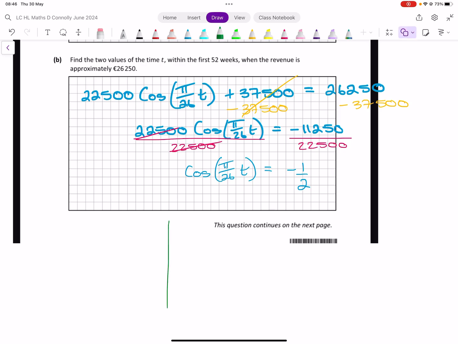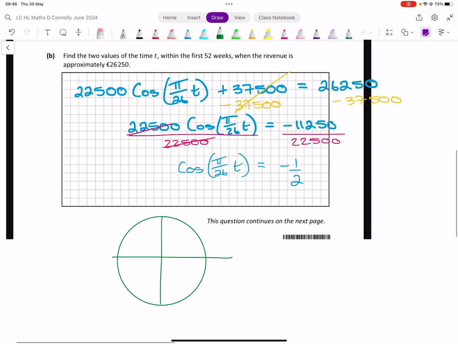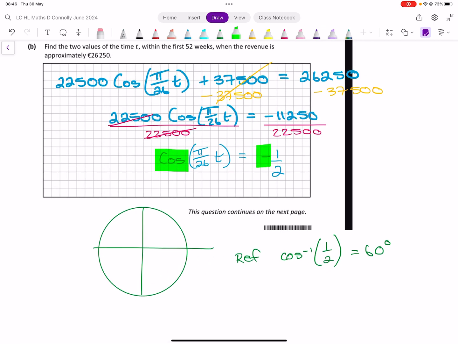Right, so we do our CAST circle. This is possibly the bit you didn't do. Here's my CAST circle. I need a reference angle. So the reference angle is the inverse cos of a half. Don't worry about the minus for a second. So that's 60 degrees. We're going to put 60 degrees in the two quadrants where cos is negative.